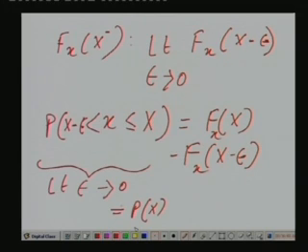Okay. And we have seen that if on the probability distribution function we take the limit from the left hand side, that is let epsilon tends to 0, we have a notation for it f(x) x minus.